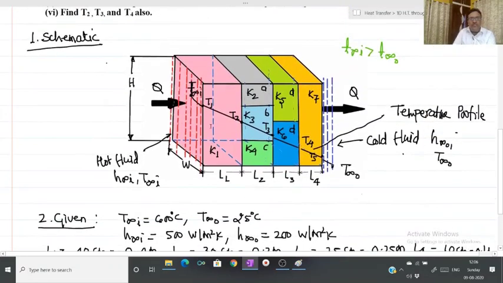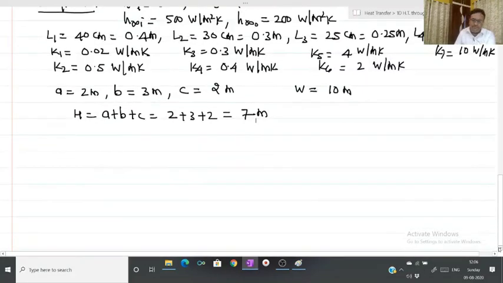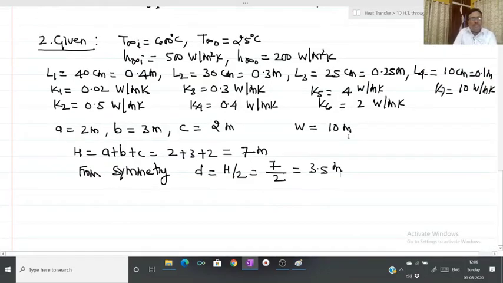And from symmetry, as you can see, small d is half of h. So d is nothing but h by 2, that is 7 over 2, equal to 3.5 meter.